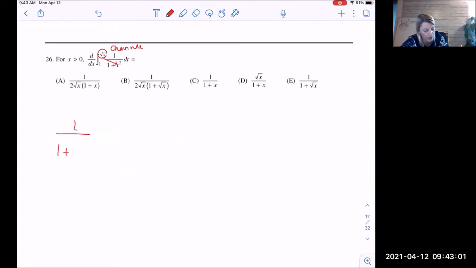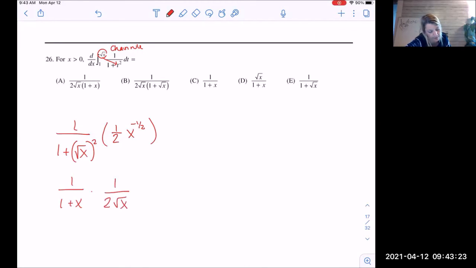So it'll be 1 over 1 plus square root of x squared times the chain rule, which is 1/2 x to the negative 1/2. And then you got to make that match. So 1 over 1 plus x times 1 over 2 root x. That looks like A.